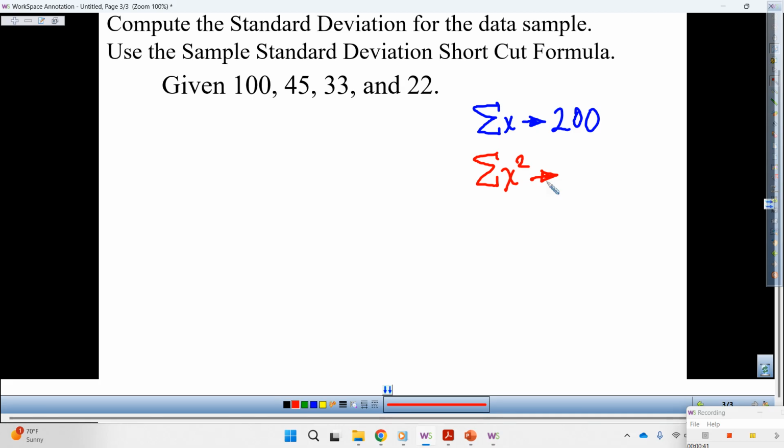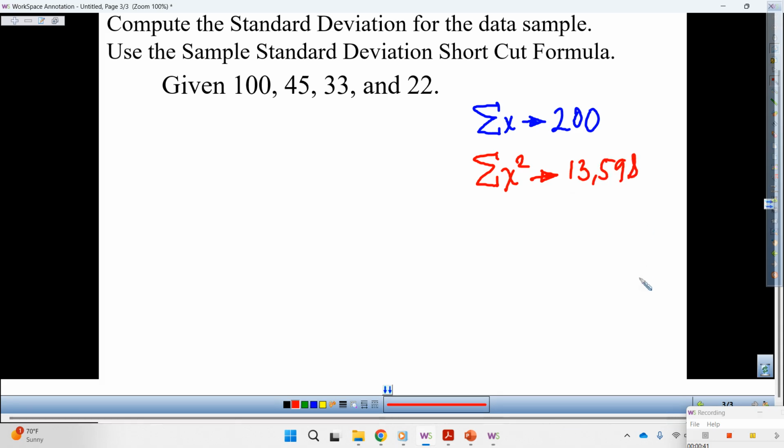Share with your neighbor, and then Amelia's going to pass someone. Data squared, sum. Logan, what you get? 13,598.